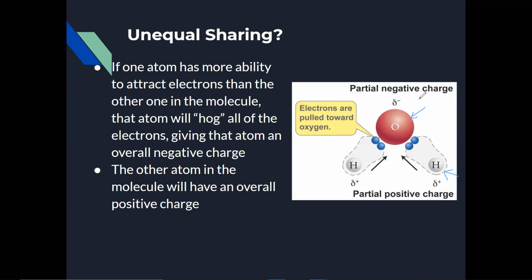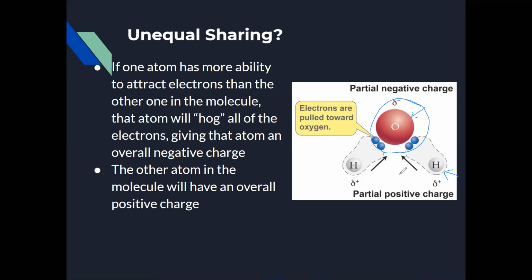It can pull electrons much better than hydrogen can. So all the electrons in that bond are going to spend most of their time hanging out with oxygen. They're going to spend a little bit of time around hydrogen, but most of the time those electrons are going to be attracted to oxygen and hang out around there.